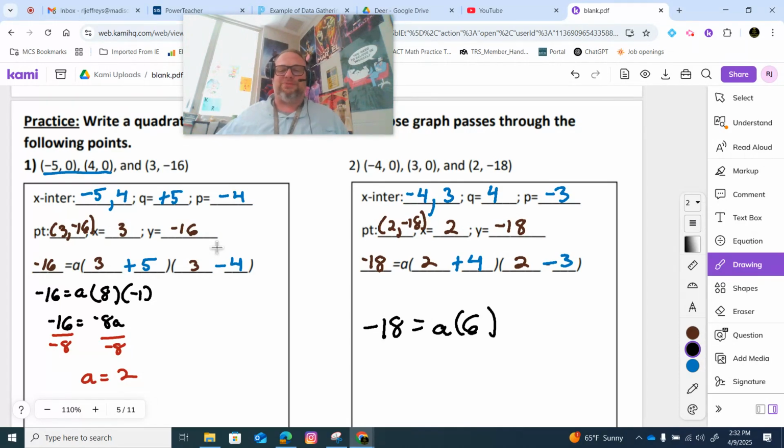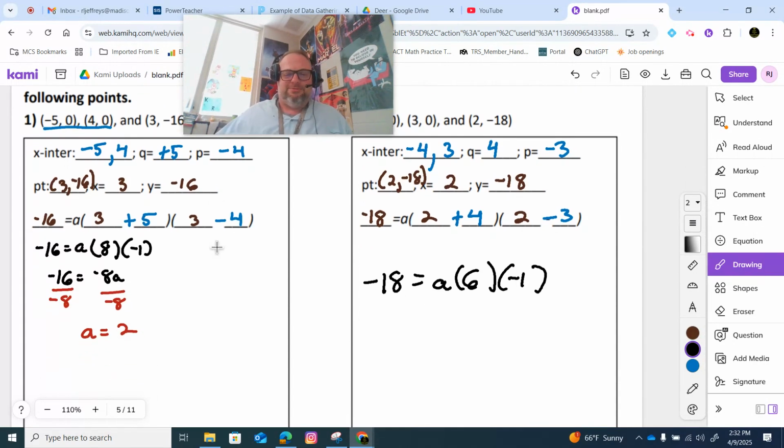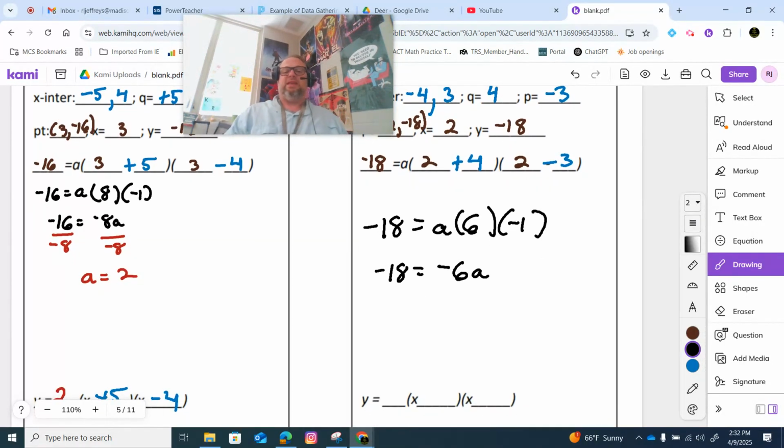All right, so 2 plus 4 is 6. All right, 2 minus 3 is negative 1. So when we divide, okay, what is our A going to be?